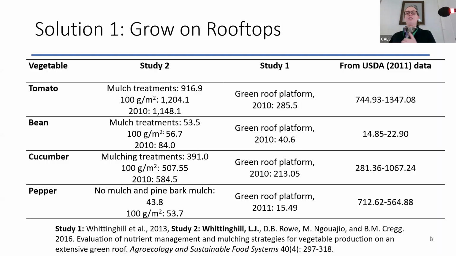And we did find yields roughly comparable to what was reported to the USDA for traditional agriculture methods. So that was exciting. It can be done. It can be done in quantities that we would hope for. But there were still a lot of questions, and there still are.